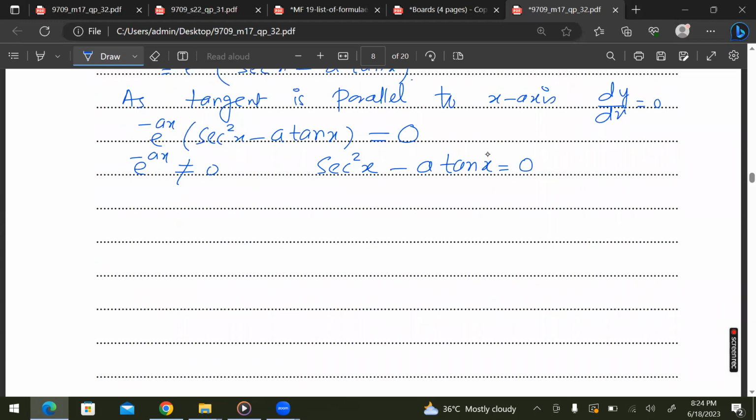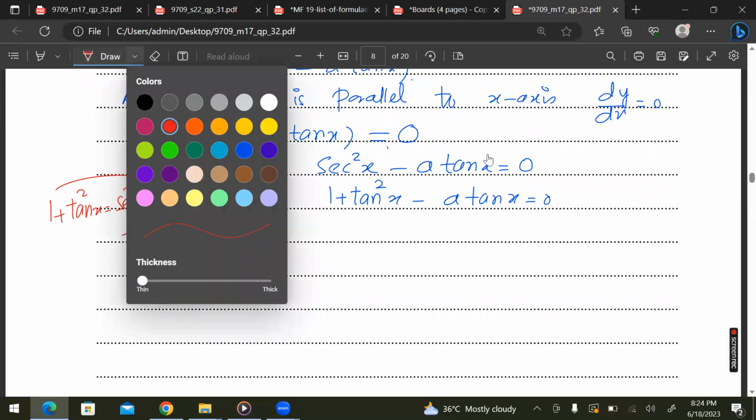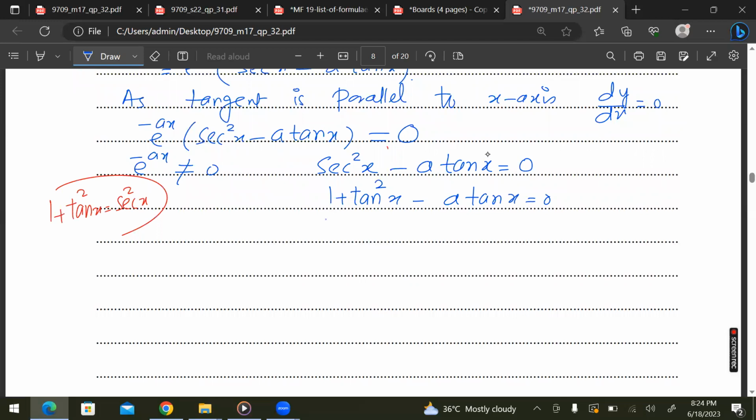Next, converting this equation into one ratio, secant square is 1 plus tan square of x, minus a tan of x. This is a formula from trigonometry: 1 plus tan square of x is secant square of x. Next, rearranging: tan square of x minus a tan of x plus 1.